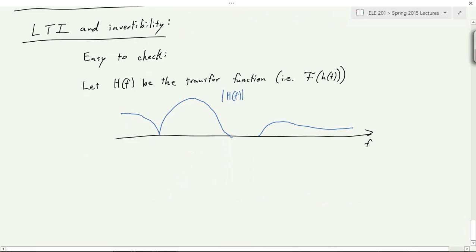Why would the answer be no? Yes, it maps exactly. Any part of your signal in this range becomes 0 in the output. You lose it. You have no idea what was there because it's a multiplication in frequency, right? So we lose parts of the signal.